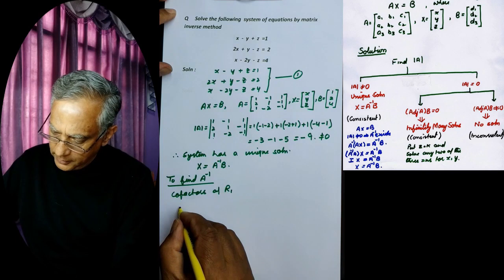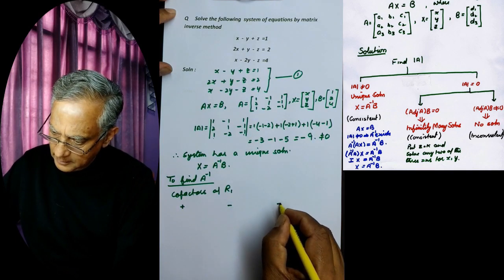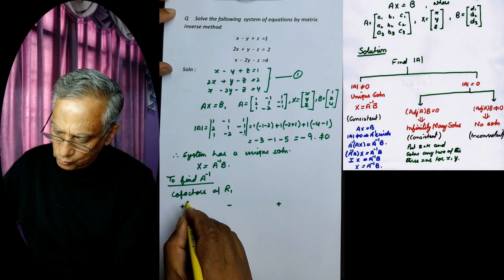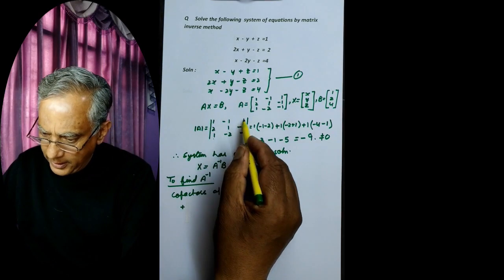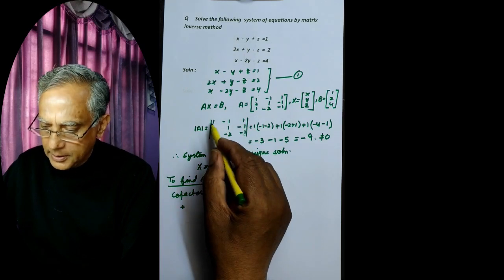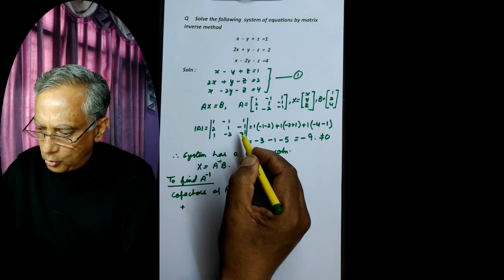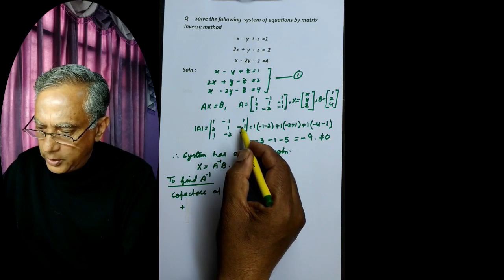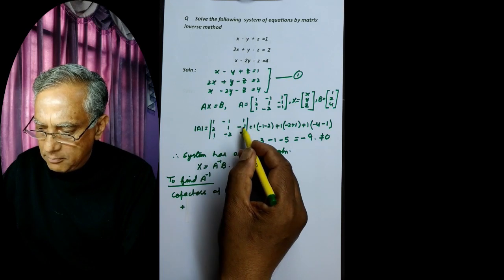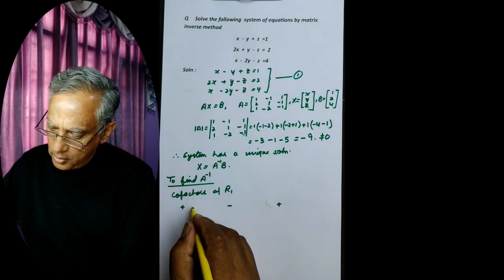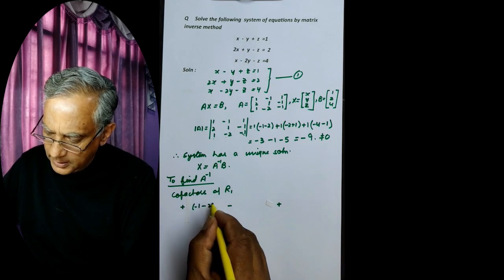This is positive, plus, minus, plus. First is delete the row and column in which the entry occurs. This is gone, this is gone. This will be 1 into minus 1, minus 2 into minus 1. So this will be minus 1 minus 2.